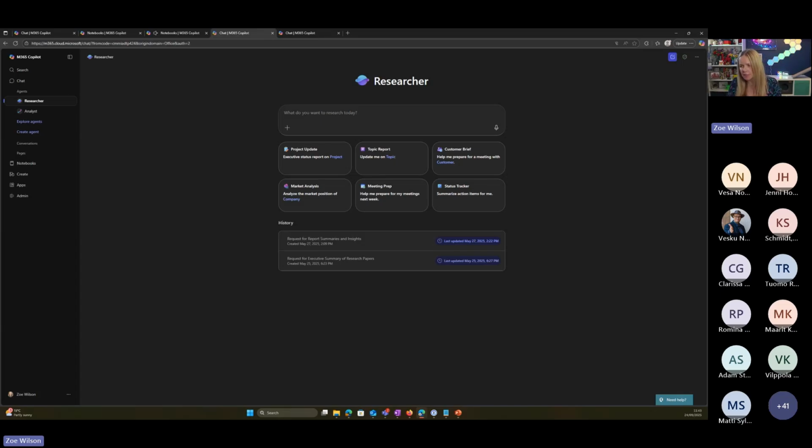Things like the facilitator agent in Teams meetings, or the interpreter agent, the knowledge agent that Bessa mentioned in the prior session, SharePoint agents, and researcher and analyst were two of the first frontier agents that they released. And researcher agent uses 3.0 Mini, which is a deep thinking model.